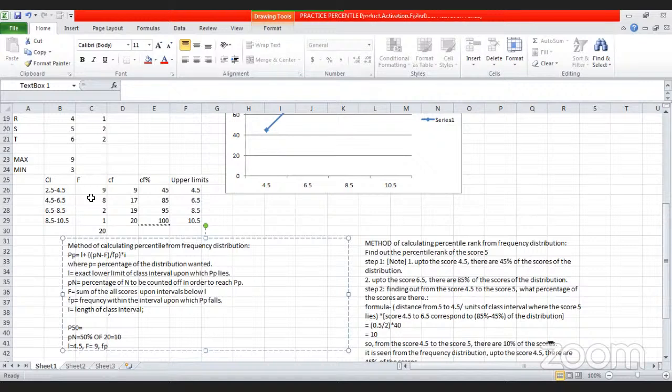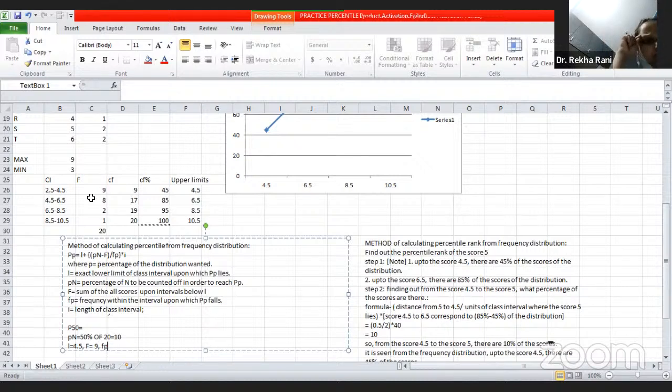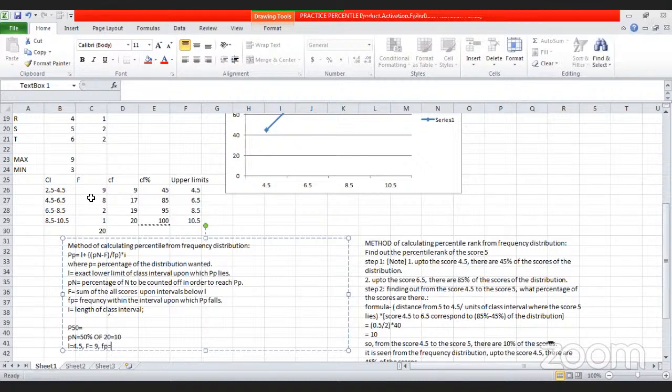Clear? Yes, ma'am. And now we need to calculate small i, that is the range of this class interval, 4.5 to 6.5, that is 3.